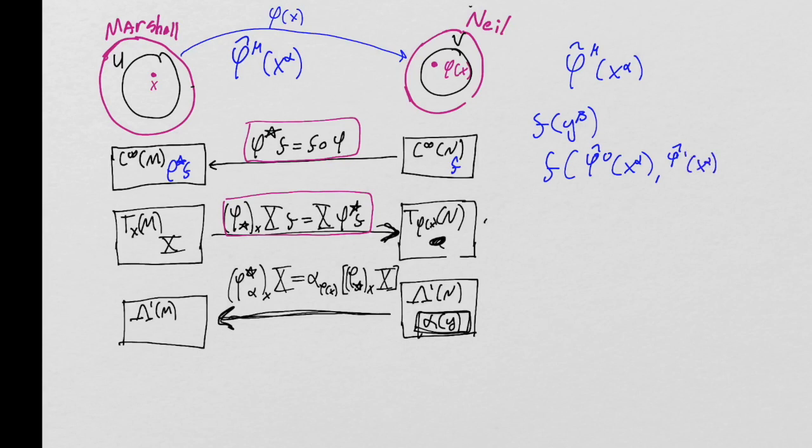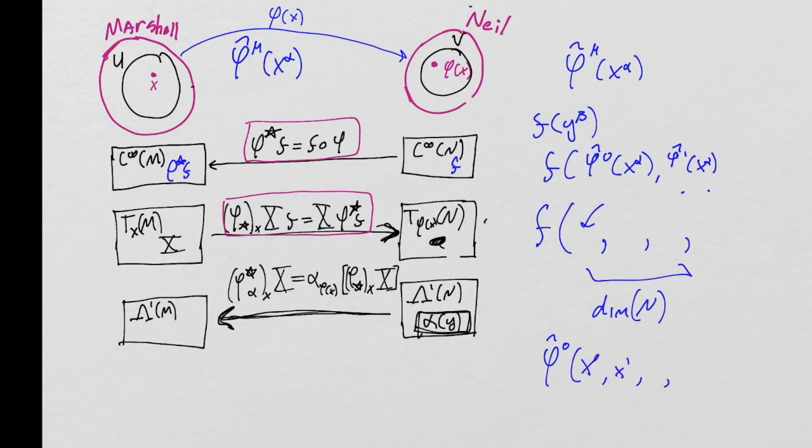And notice this is kind of a tricky way of writing things. There's only one function f, so that's good. But f has as many slots as the dimensionality of Neal, and each of these slots comes from a phi hat. So the phi hat 0 slot, what I really mean is x0, x1, x2, dot dot dot, all the way up to x m minus 1, where m is the dimensionality of Marshall, little m.